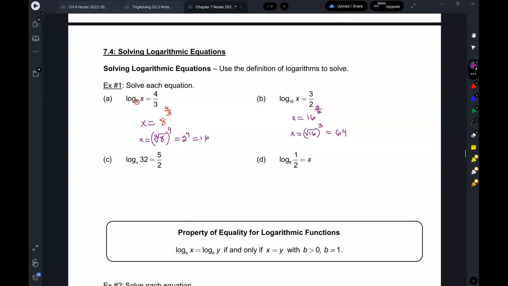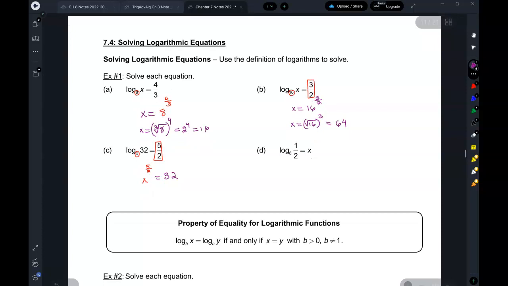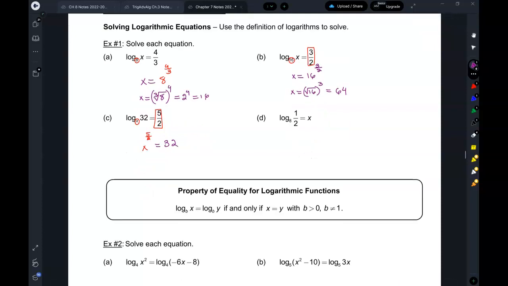So here's what you're going to do. First, locate the base. Every base needs an exponent. The exponent is always what the logarithm is equal to. So now you have base to the exponent. So let's do this next one. Here is a base. Here is an exponent. So x to the 5/2 is equal to 32. This is like the one that we did in the previous chapters, right?